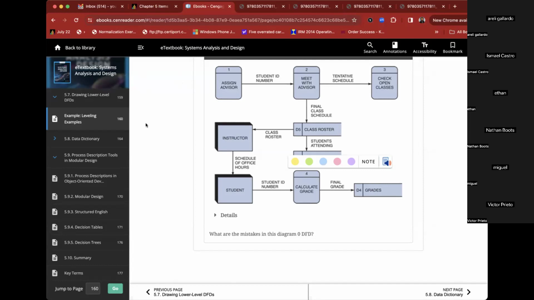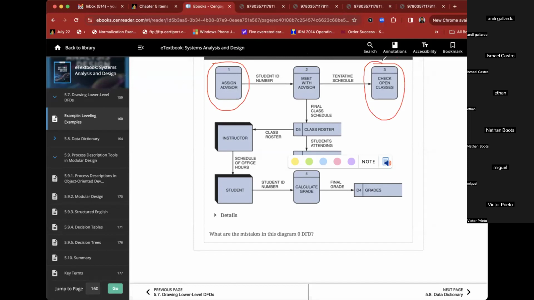So one of the mistakes that we see over here is that assign advisor is a miracle. Why is assign advisor a miracle? Spontaneous generation. Exactly. That's where the magic is happening, right? Okay. Check open classes. What's wrong with this one? It has no output.